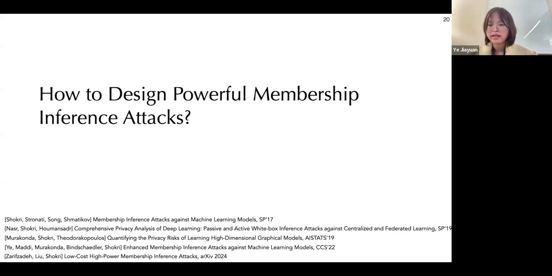There are a lot of works designing various heuristics for improving it, ranging from signal functions to different assumptions on the data and training algorithm. But in this lecture, we will focus on one line of work that tries to improve this by reducing the uncertainty of the adversary. We will see what it means in a second.